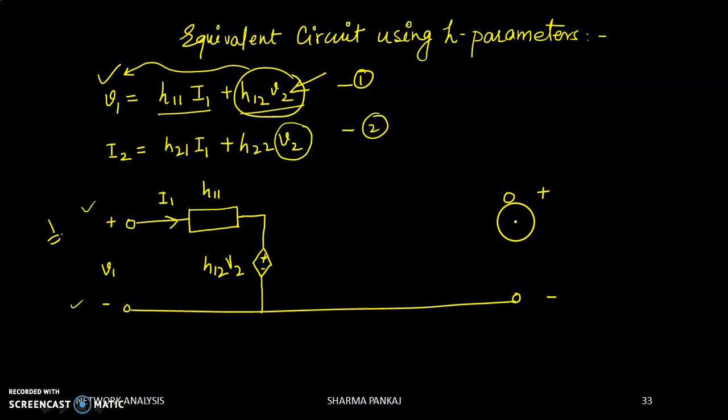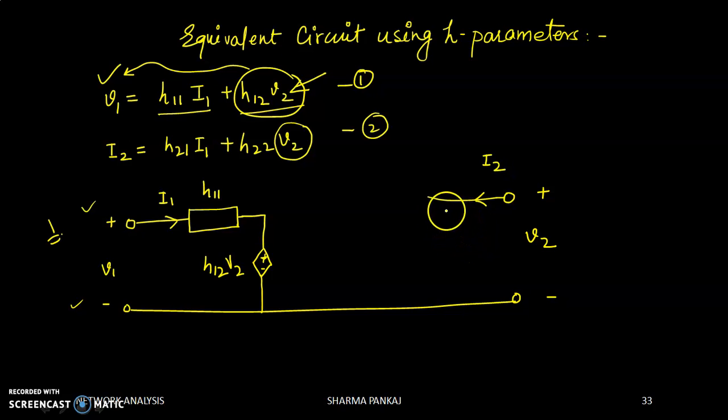Okay, this is your V2. It is defined by the definition. Now if V2 is defined by the definition, it means that the current flowing will be I2. Obviously current is flowing I2.